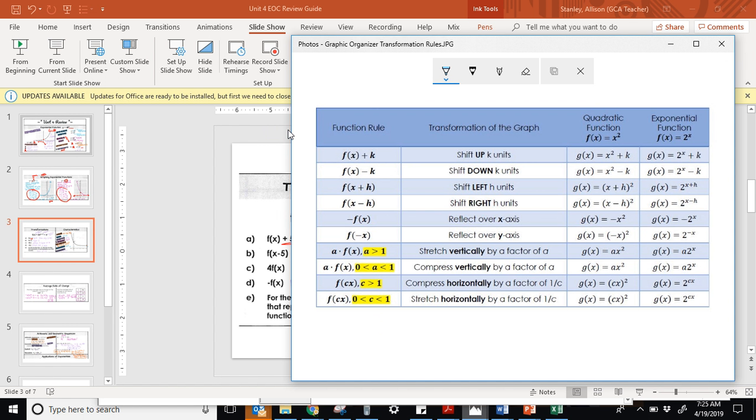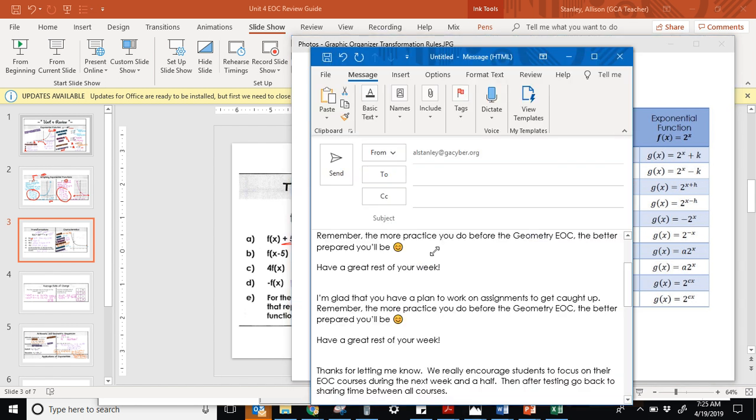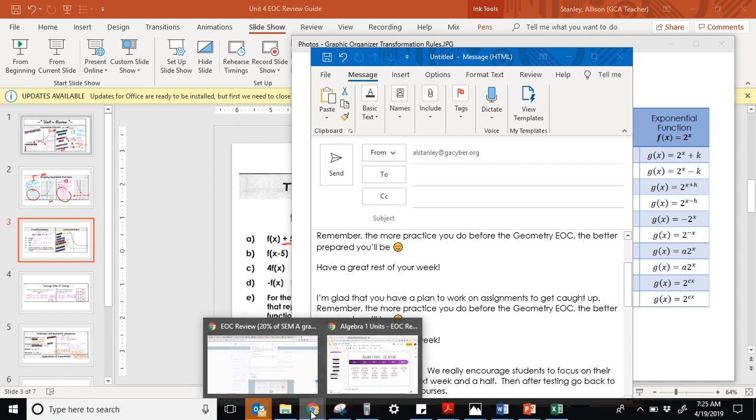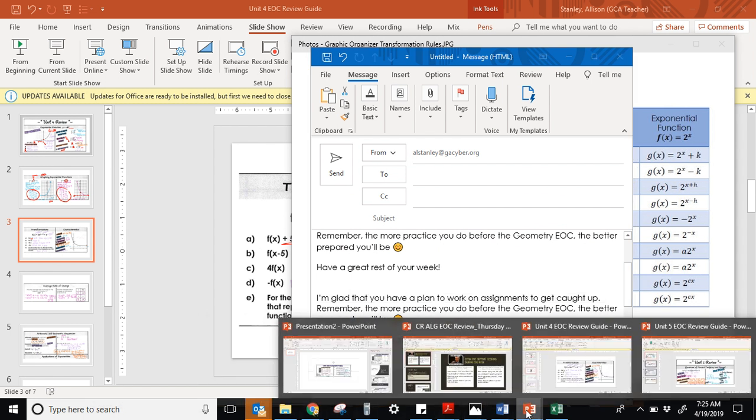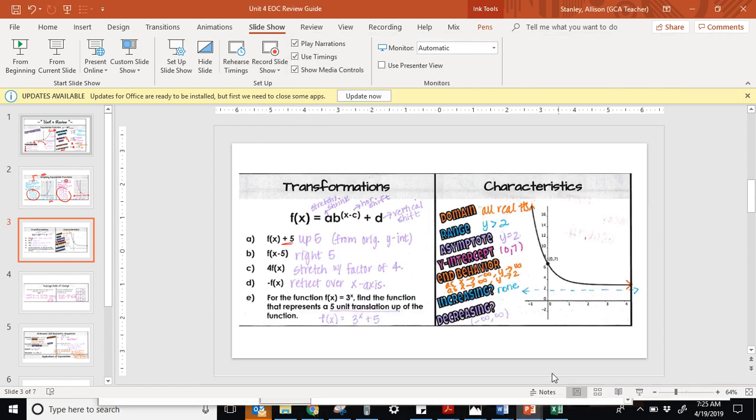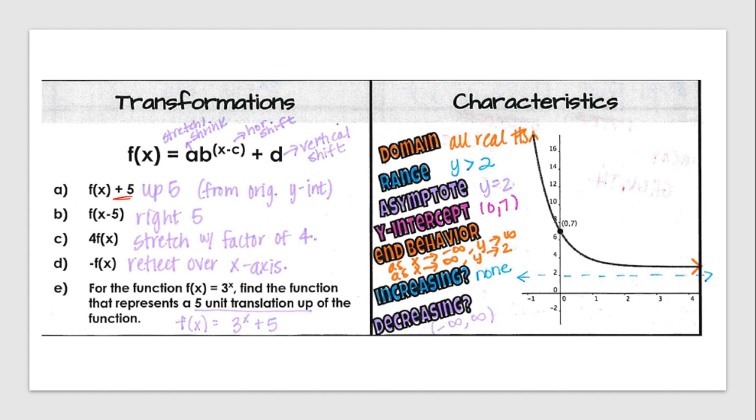You could even, once you get your scratch paper and you're allowed to write, jot those down if it's something you're trying to remember. There probably won't be a ton of transformation problems, but there might be a couple on the EOC. Okay, so back to our slides.